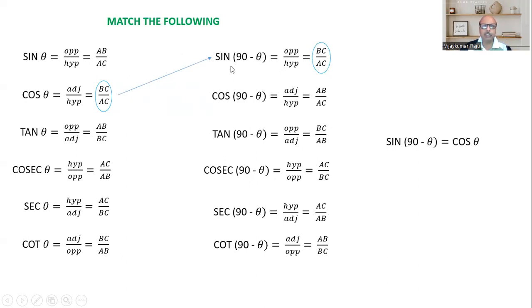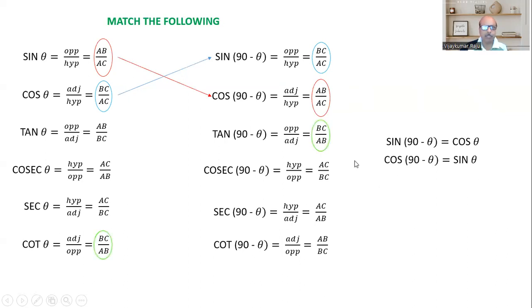The relation between sine theta and its complement. Next, AB upon AC, AB upon AC. These two are complementary relations. So you can write cos 90 minus theta is sine theta.